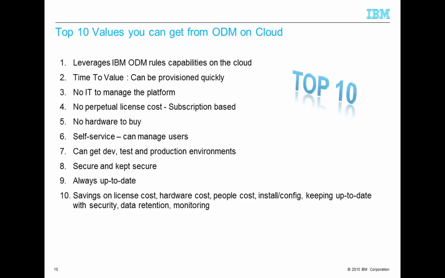The service is provisioned in less than 48 hours, so you are able to create your first decision very rapidly. The service is, as I said, fully managed by IBM, meaning that you will not require any IT investment to operate it. Its monthly subscription model gives you flexibility and visibility on your investments.